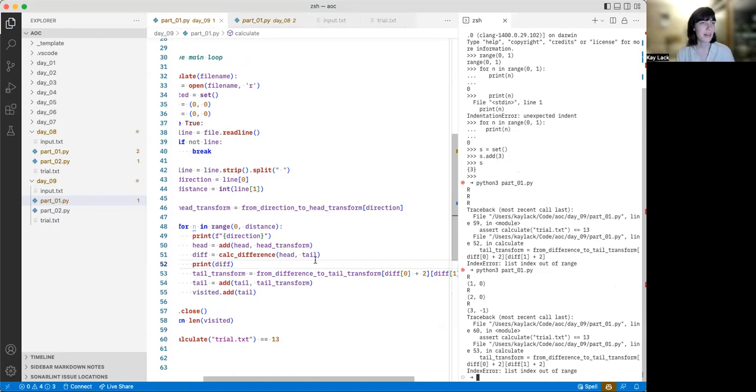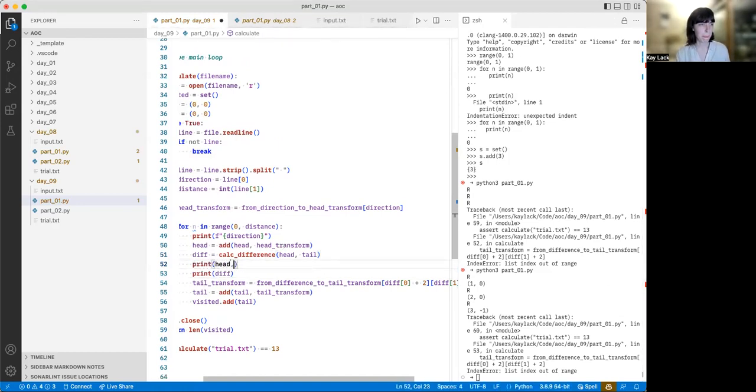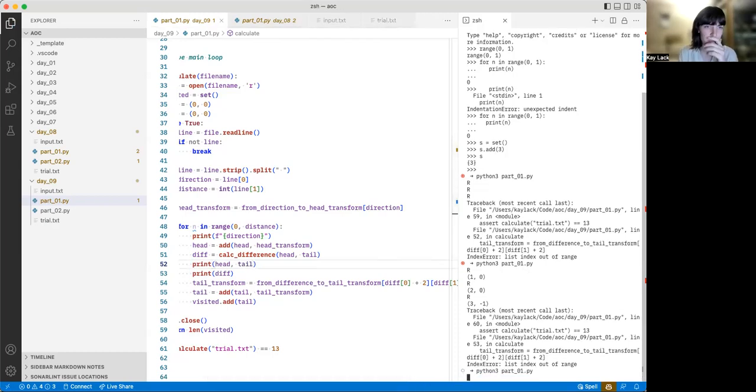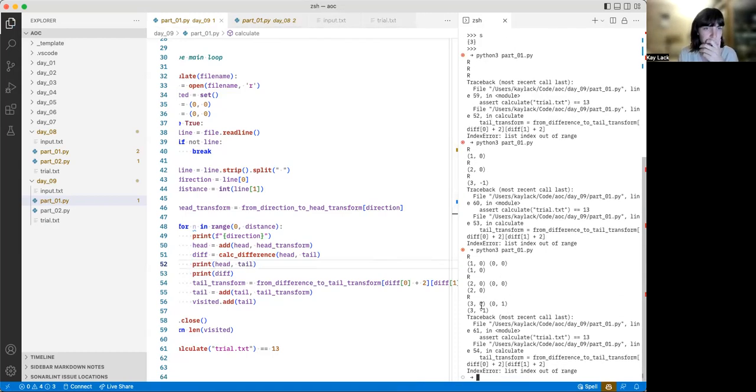Okay, how did we get to that? Tail isn't moving. This one should move.